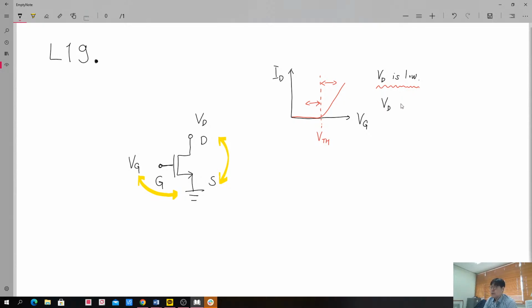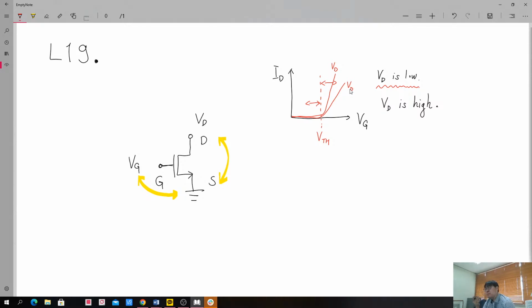Usually Vd is high enough, because Vd equal to a high voltage is the condition for maximizing the drain current. So we usually use this condition. Then we will have similar graphs, but much higher values. This corresponds to Vd equal to a high voltage, and this is the case with a low voltage.